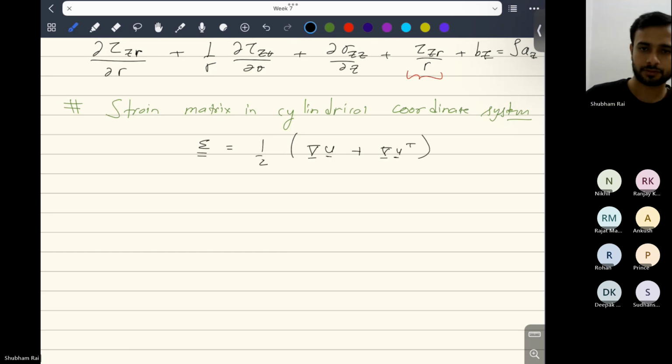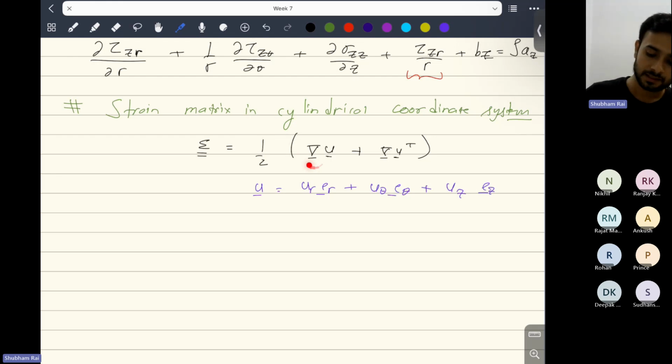Now you want to write your strain tensor in the cylindrical coordinate system. So your u now will be ur er plus u theta e theta plus uz ez, and if you use the definition of gradient in the cylindrical coordinate system, finally you will get this matrix. It is a matrix because this is a second order tensor. Gradient of a vector is a second order tensor.